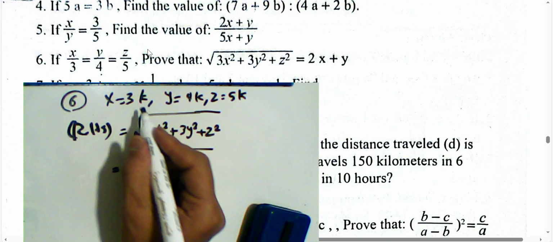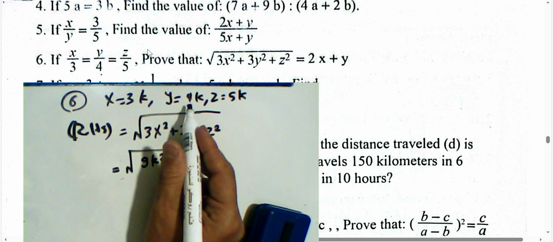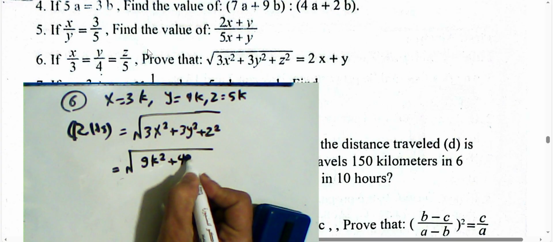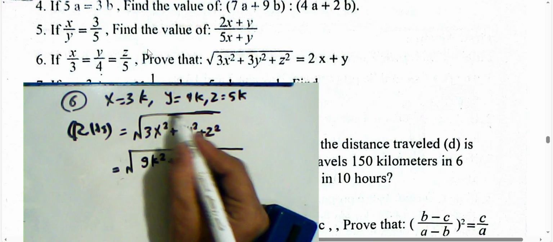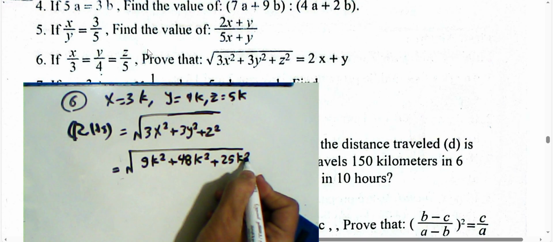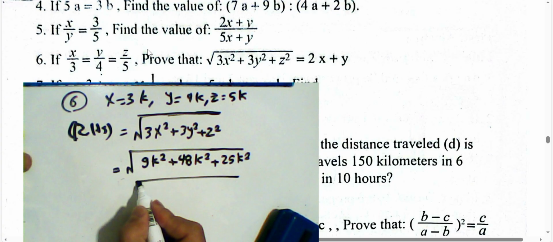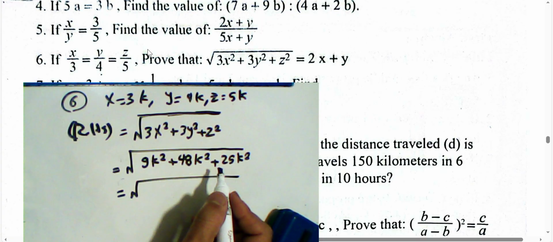x here was 3k, it will be 9k power 2. 3 times y power 2, y here 16, 16 times 3 equals 48k power 2. z power 2, 5 power 2 will be 25k power 2. 9 plus 48 plus 25.